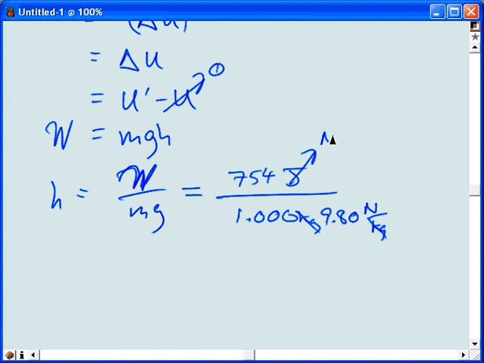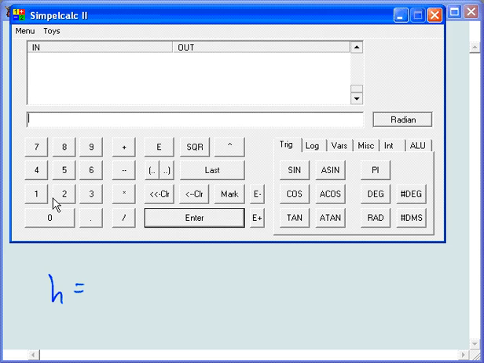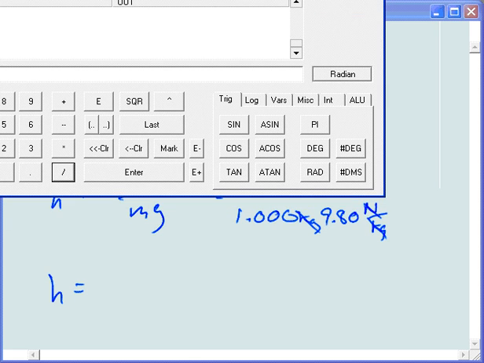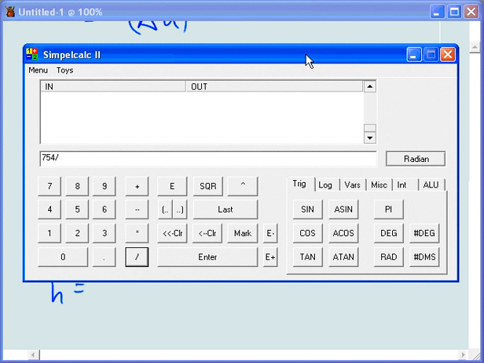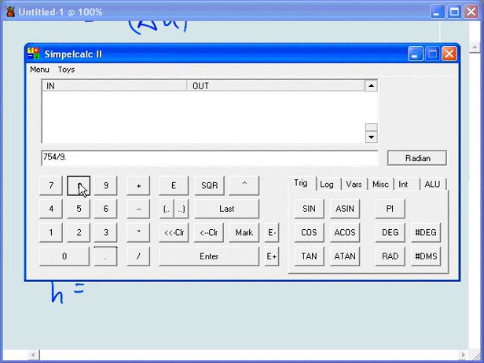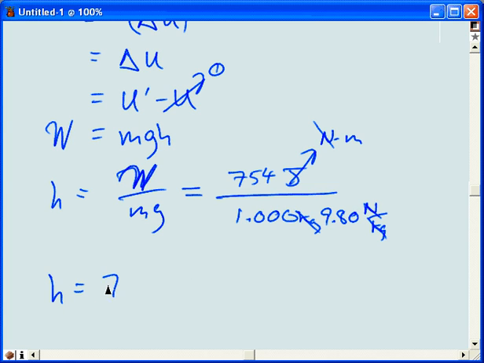A joule is a newton meter. So the newtons will cancel, and we are left with meters, which is good for an h. So we got 754 divided by 1 times 9.8, so just divided by 9.8. So I got 76.9 to 3 sig figs meters.